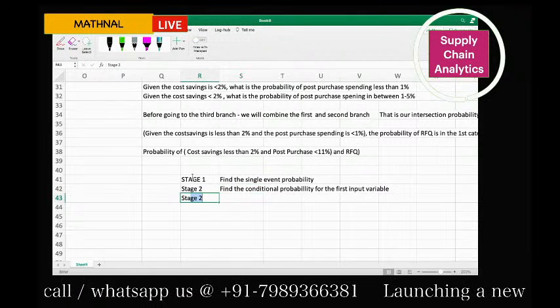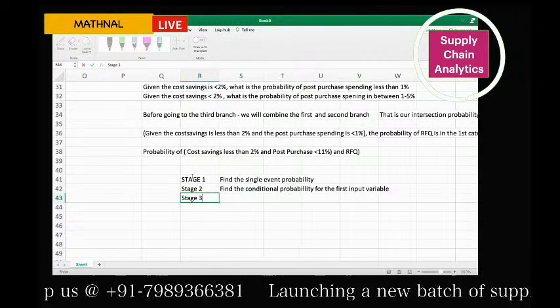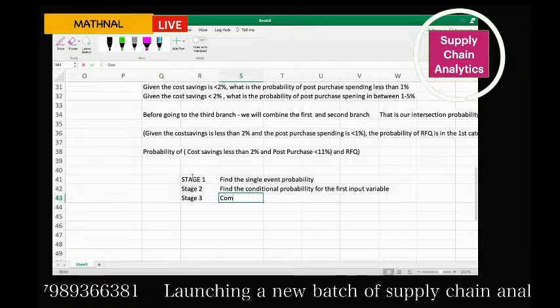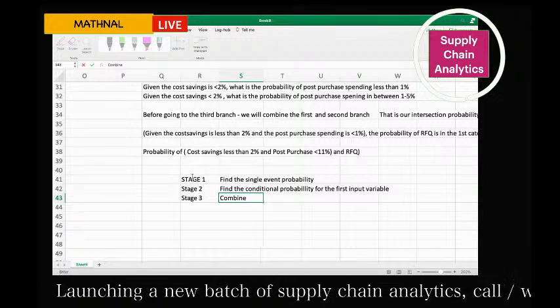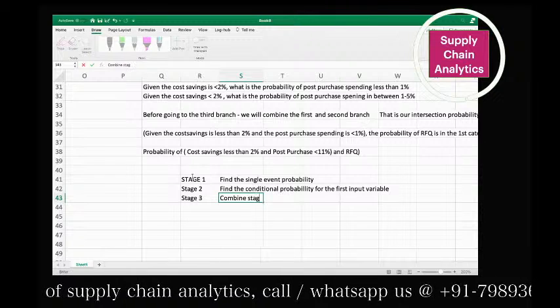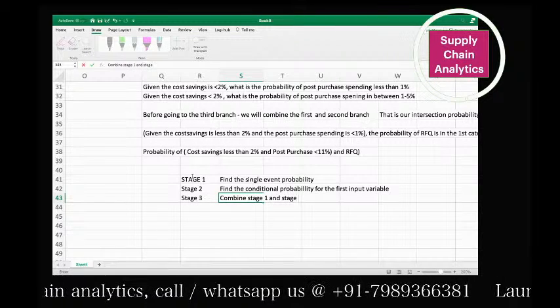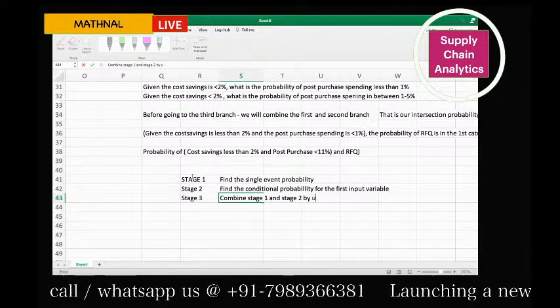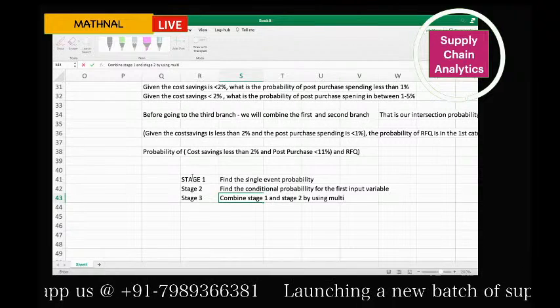Stage 3, combine stage 1 and stage 2 by using the multiplication law.